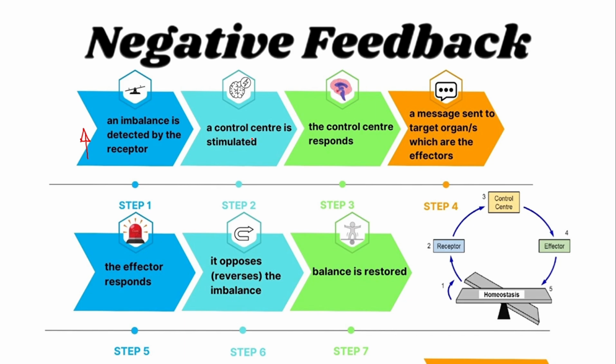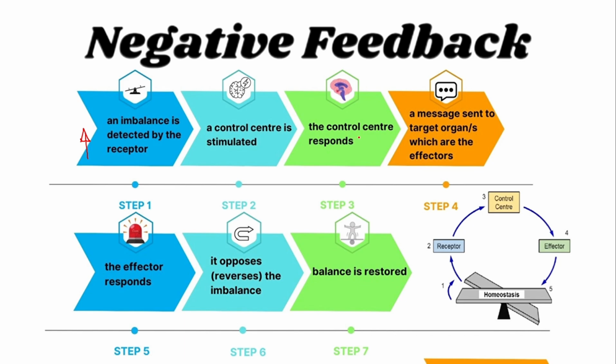Depending on where the certain substance or hormone needs to be secreted, whether it's in the hypothalamus or any area where it can secrete hormones, that would be the control center. So then it will be stimulated, and then the control center will respond.